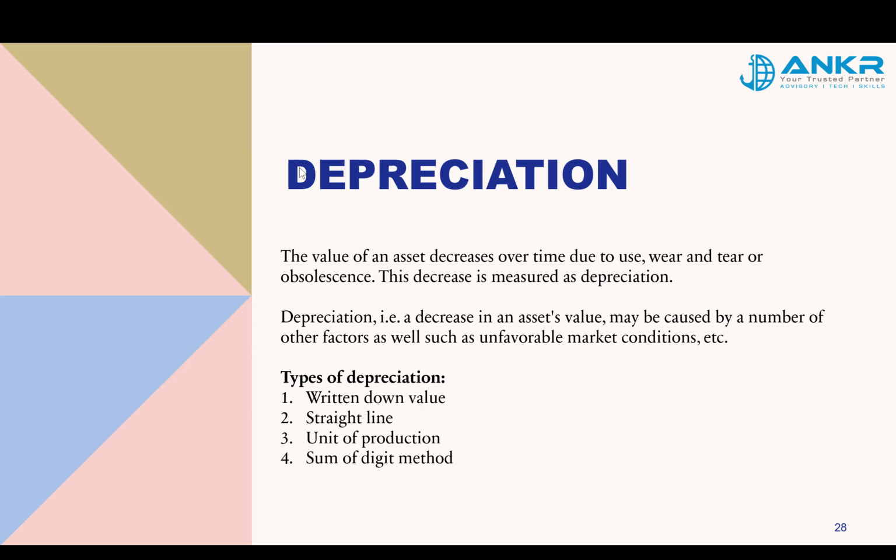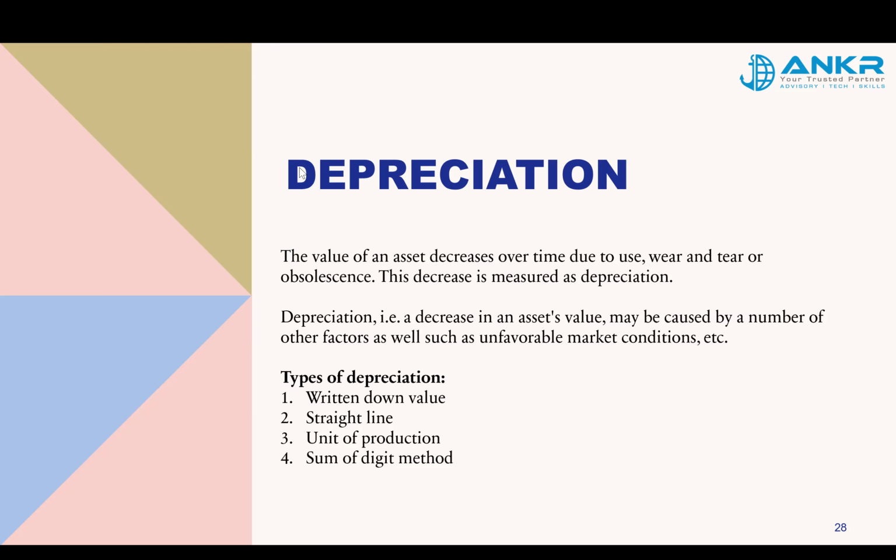The net value, excluding the scrap value, is 76,000. Then at the beginning of the next year, you will calculate depreciation of 20% on this year two value and arrive at the net value. This is the depreciation you are going to calculate over the period of time.